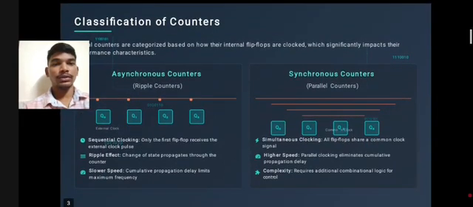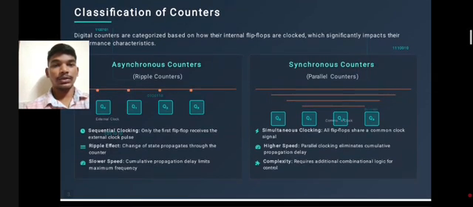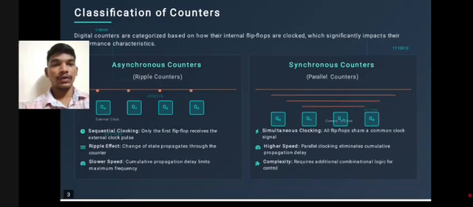Sequential clocking: only the first flip-flop receives the external clock pulse. Ripple effect: change of state propagates through the counter. Slower speed: cumulative propagation delay limits maximum frequency.